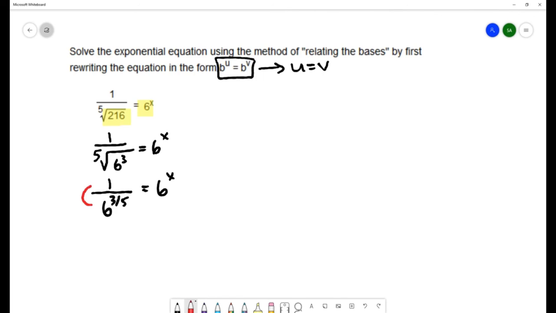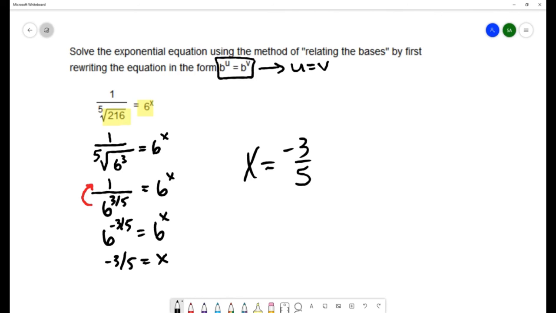I can bring it to the numerator by using a negative exponent. So this is 6 to the negative 3/5 equals 6 to the x. Now I've written this with the base being the same on both sides, so I can apply the one-to-one property and say that the exponent on the left has to equal the exponent on the right. Since we have x equals negative 3/5, we've solved our exponential equation.